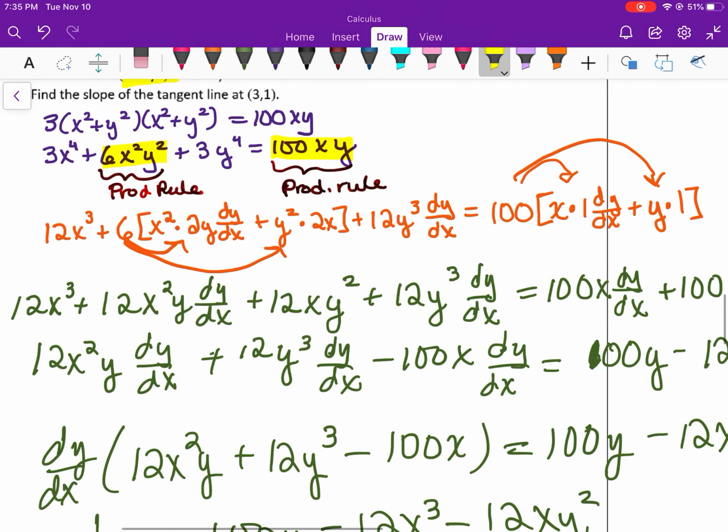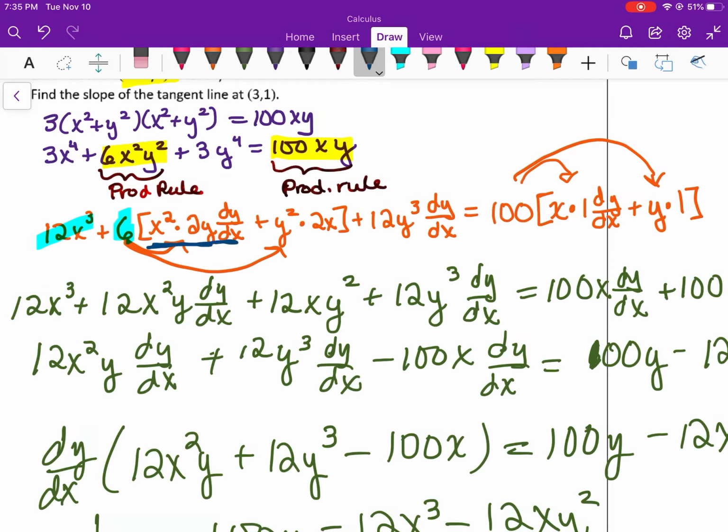And so I have first the derivative of 3x to the fourth, that's 12x to the third. Then notice I left my 6 on the outside. I then took x squared times the derivative of y squared. That I'm going to underline for you here in blue.